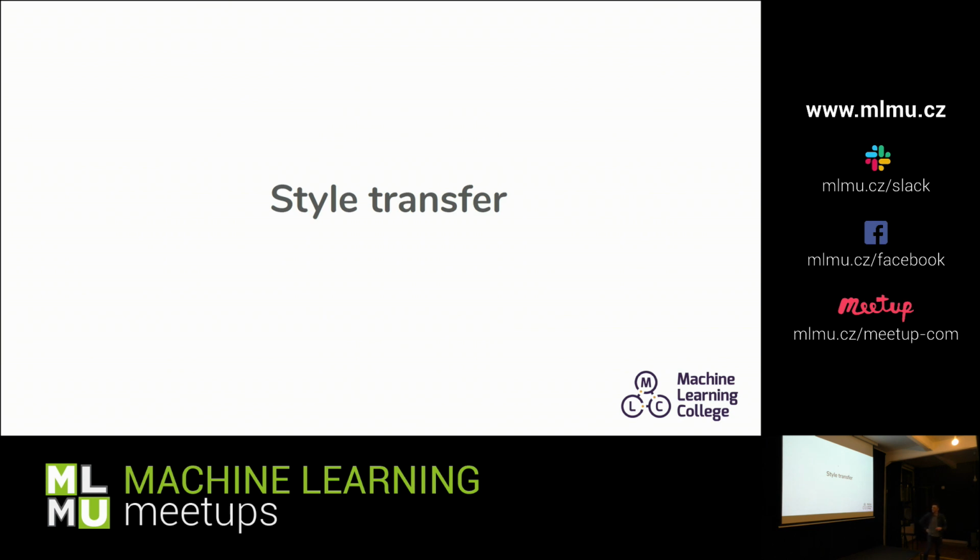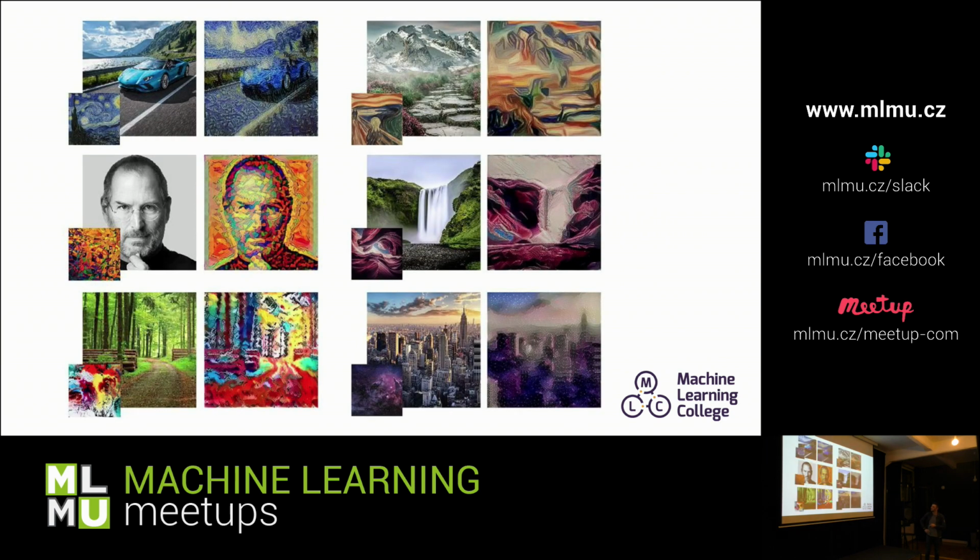Okay, then we have some more artistic things related to image processing. Maybe you saw something on your Twitter or wherever, because it's always a good topic. One really classical example, proposed by Justin Johnson from Stanford, is style transfer.